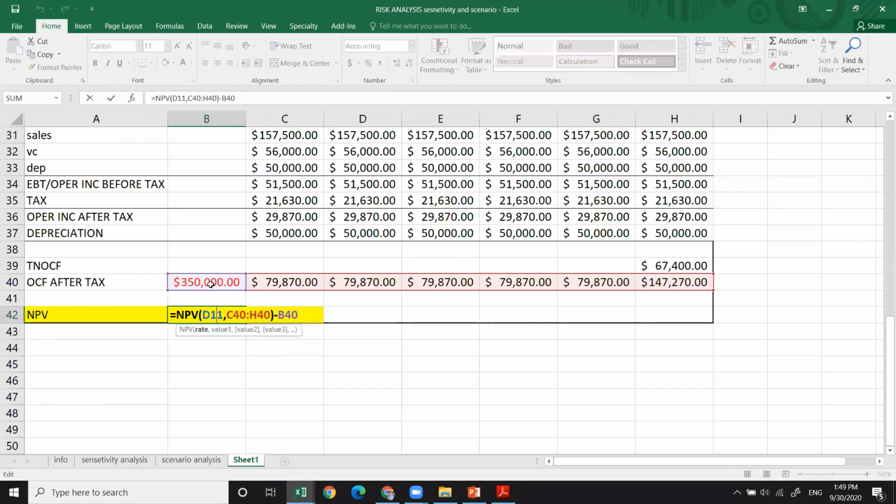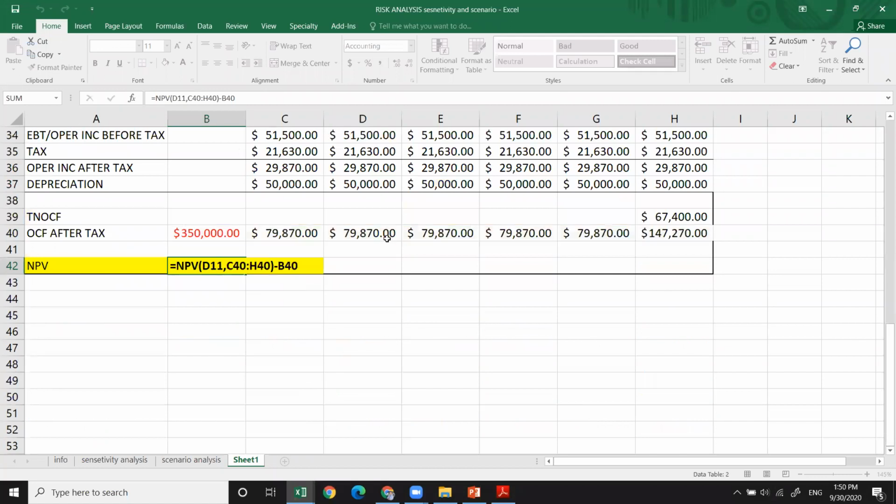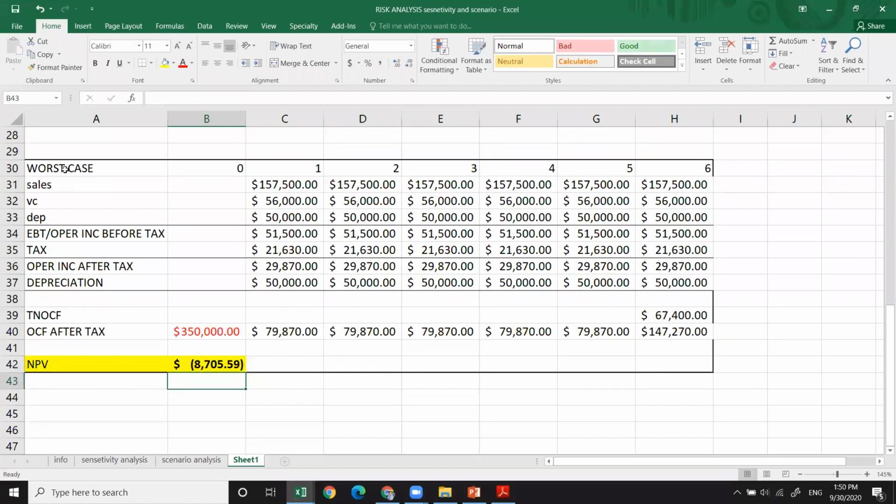Minus around 40, around 50, and this is the range we select. And my discount rate is this. So in the worst scenario, my NPV is negative.